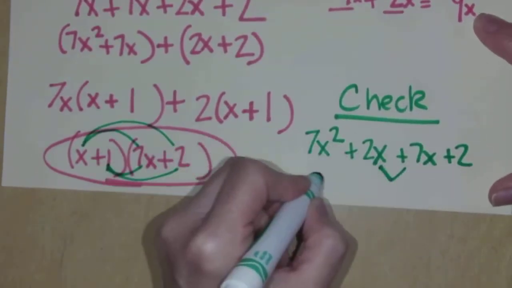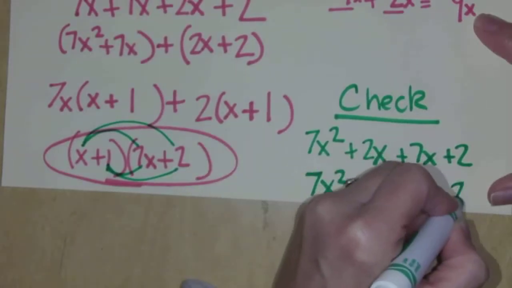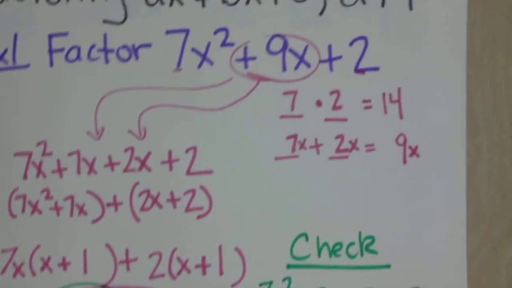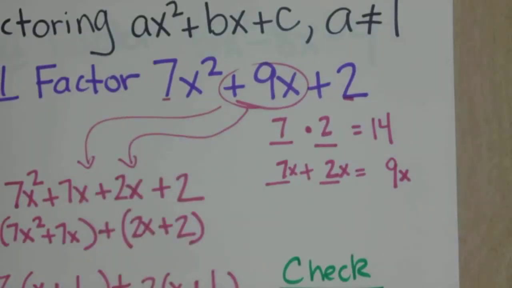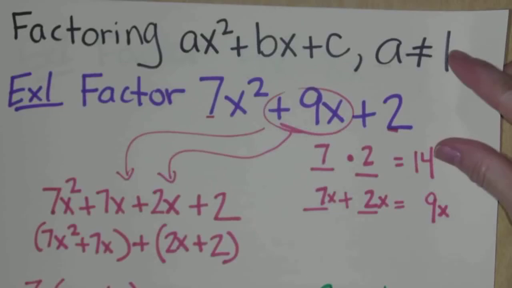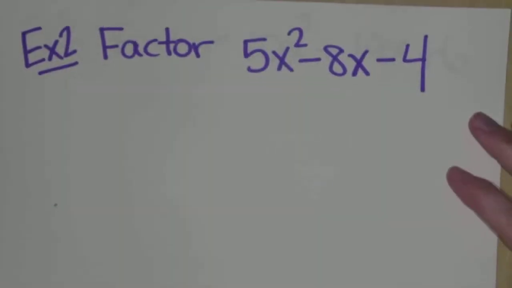Combine likes, we're right back at 7x squared plus 9x plus 2. That's a good check because this answer matches my original problem. And that's all there is to it. See how similar it is to our last lesson when a was equal to 1. Okay, let's go to our next example.